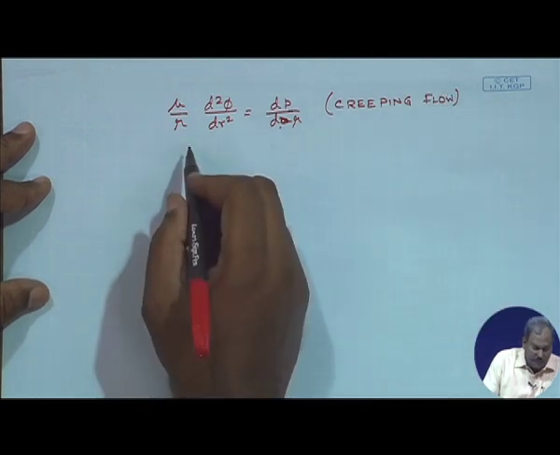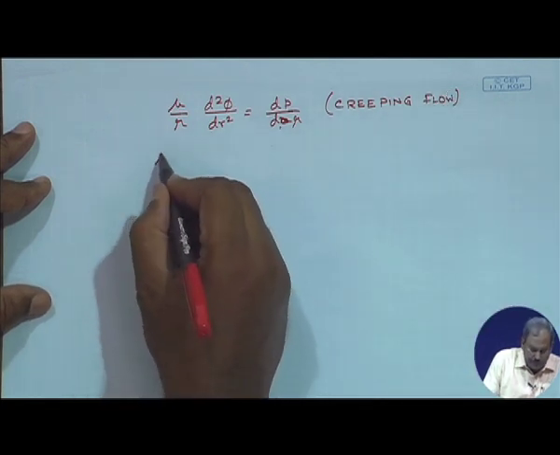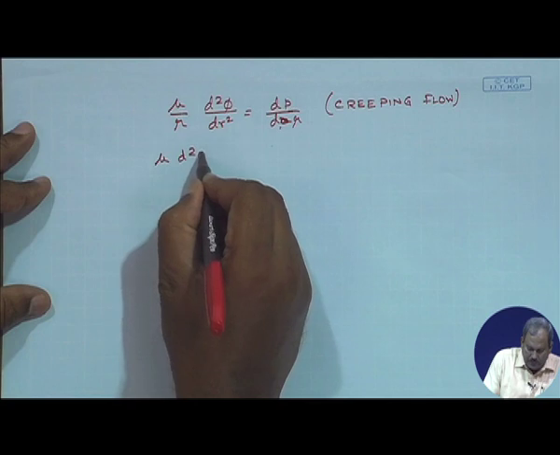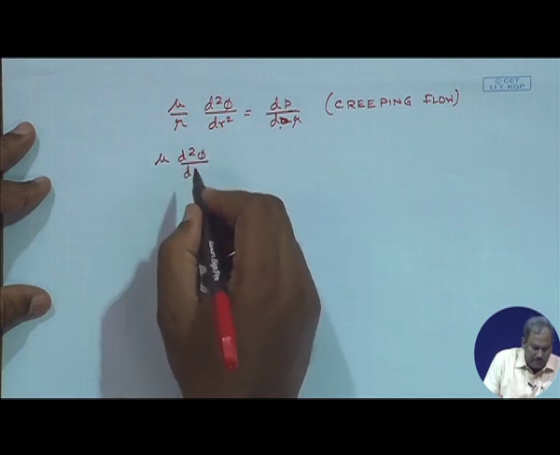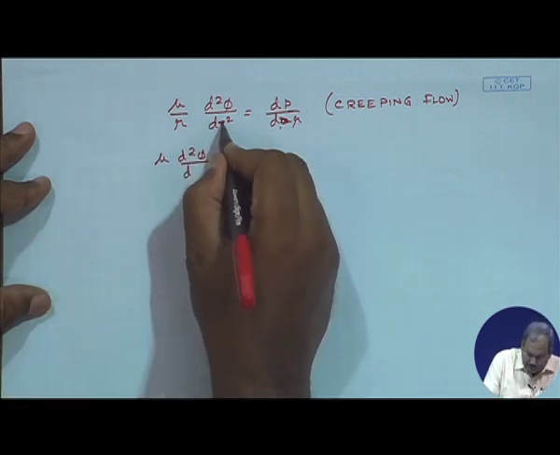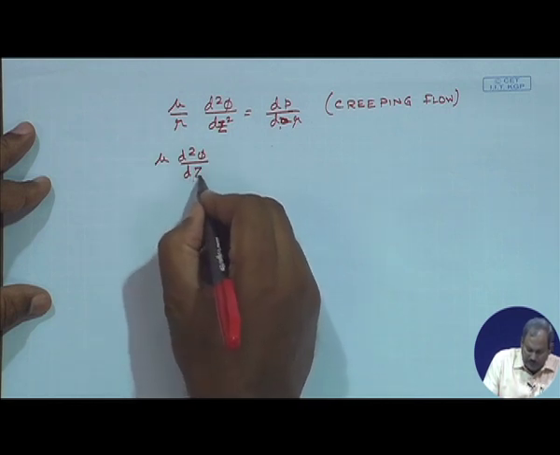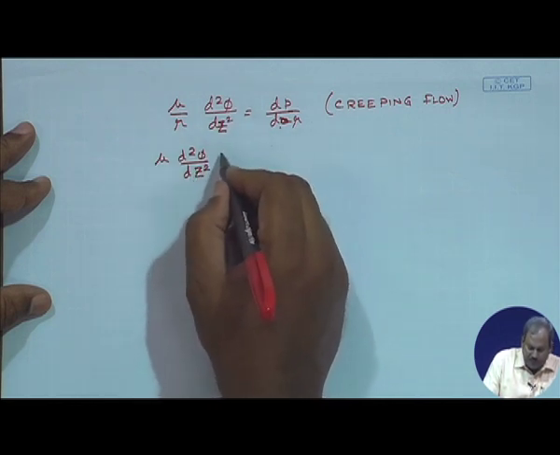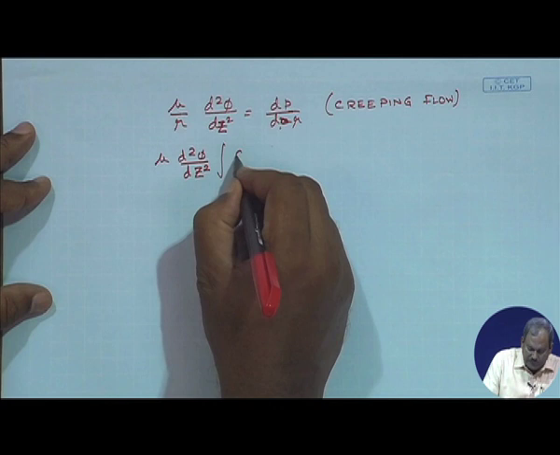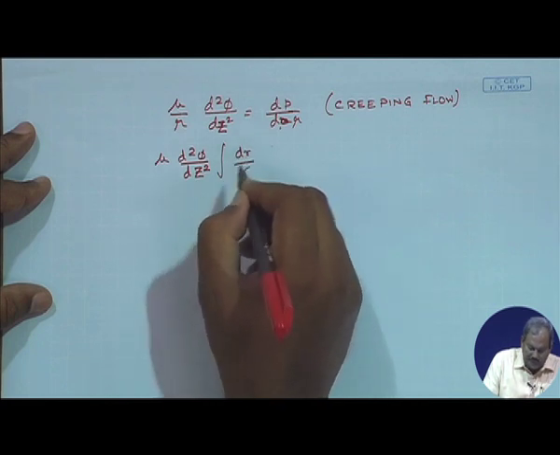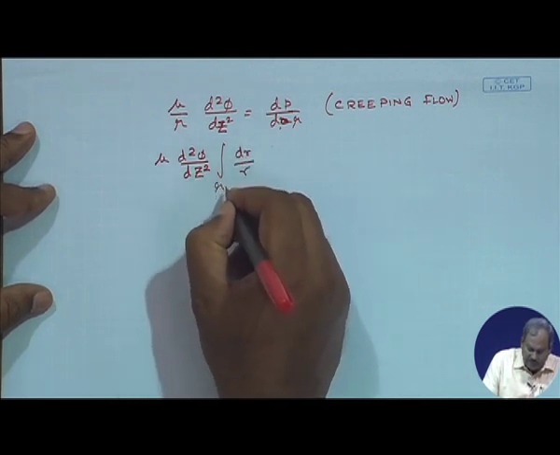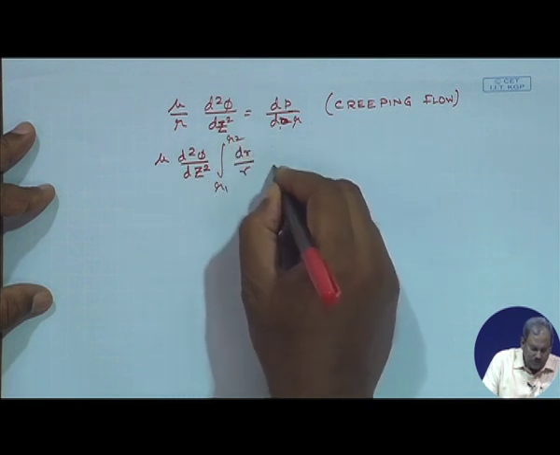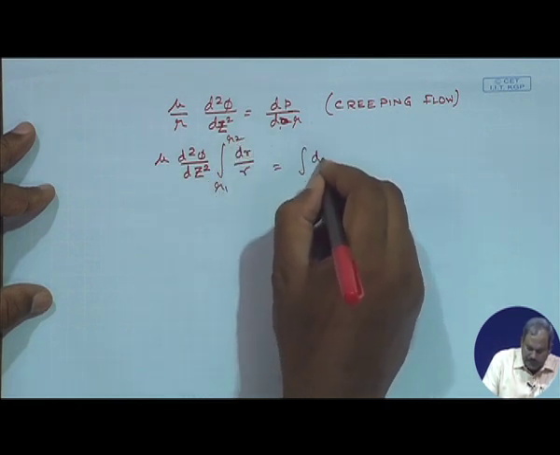This can now be integrated. Phi is not a function of r, so I can keep it outside the integration sign. This is dr by r from r1 to r2, and this is dp.